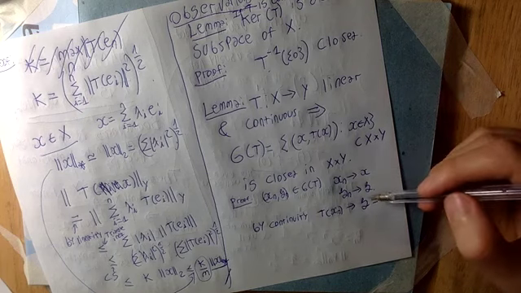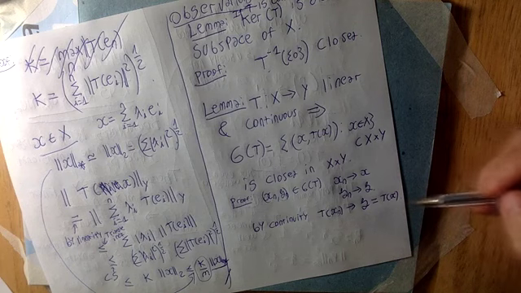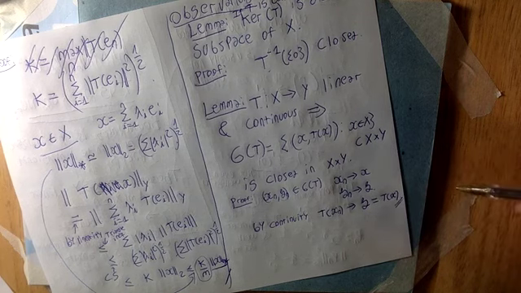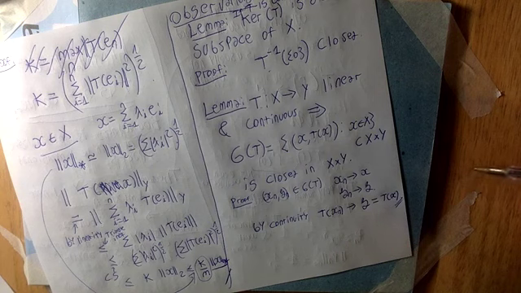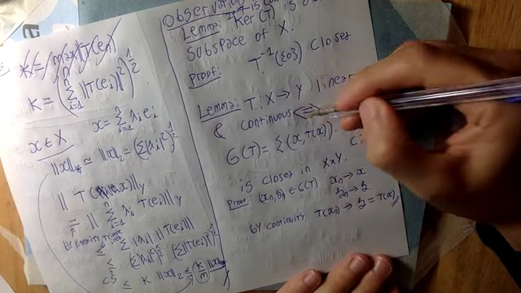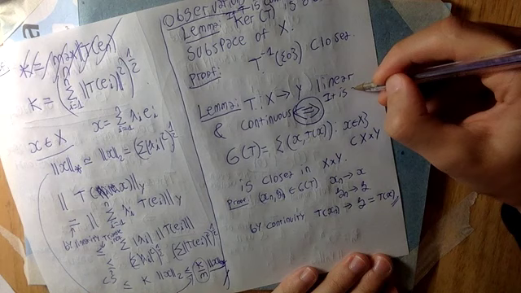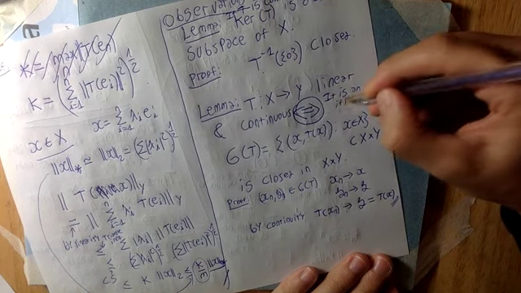So if you have these sequences converging to something, then you can actually get this. That's the proof basically. The point that I'm not going to prove here is that this theorem is an if and only if.